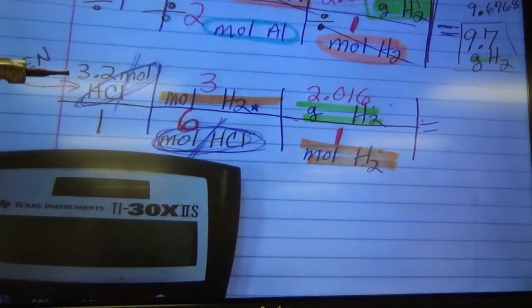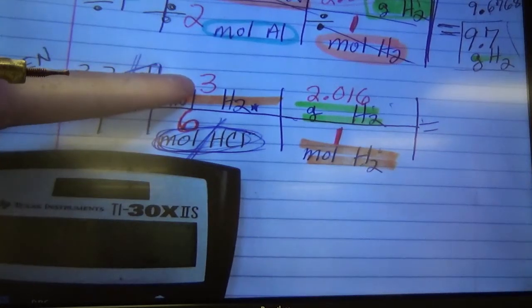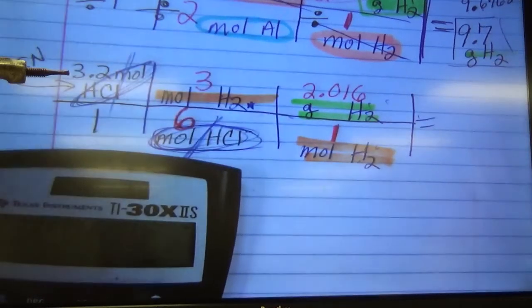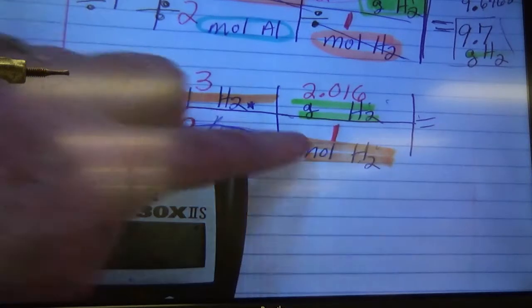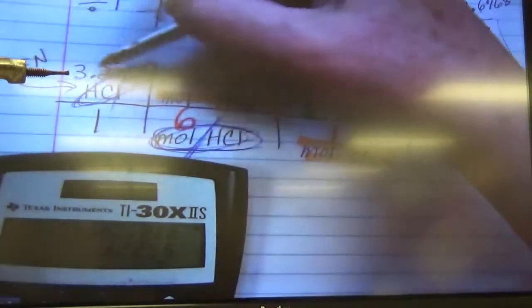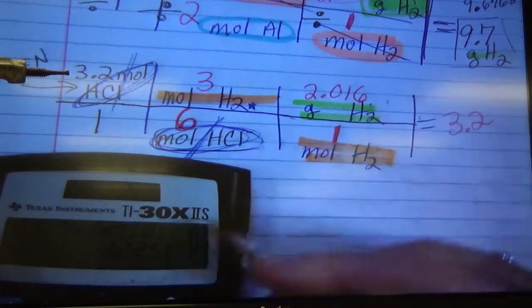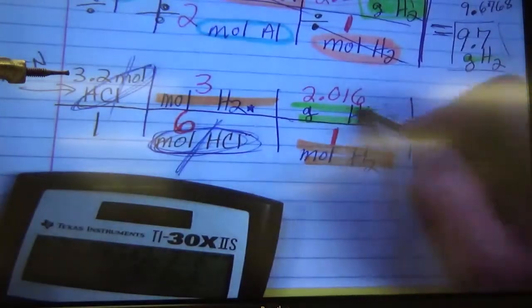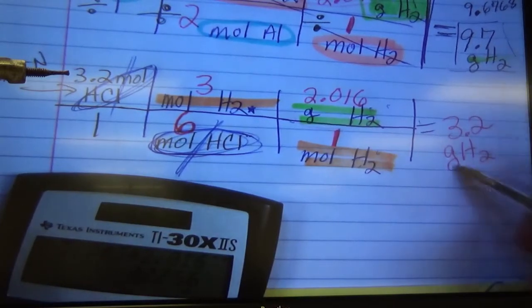And again, I will put the numbers in as I point. 3.2 times 3 times 2.016 divided by 6, and these are just ones, so, okay, equals, and we only need 2 digits, so the answer here will be 3.2. It really is what the calculator tells me to do. 3.2, and then remember, it's grams of H2, isn't it? 3.2 grams of hydrogen.